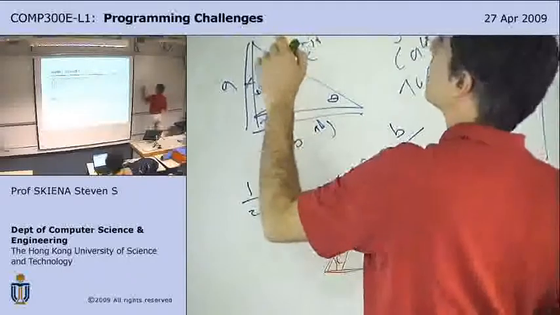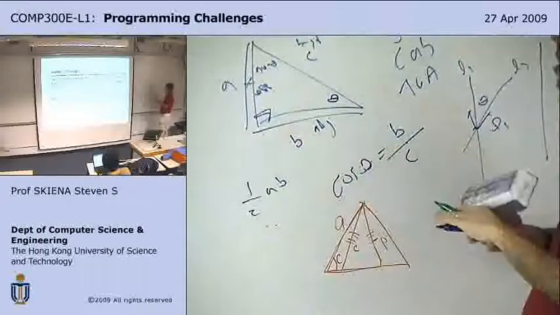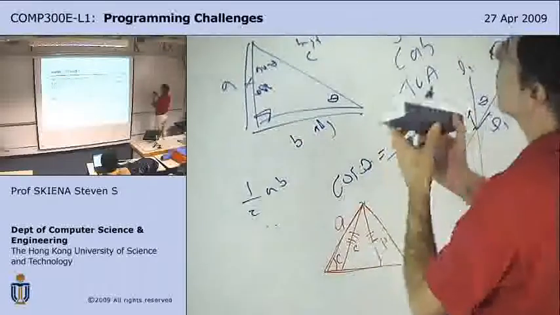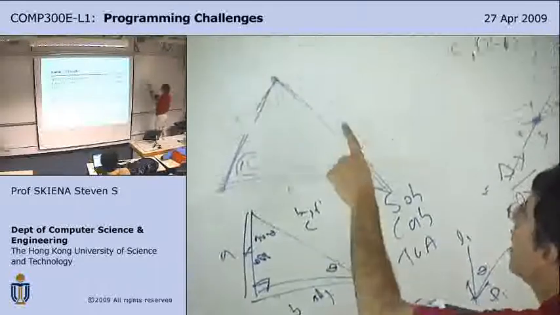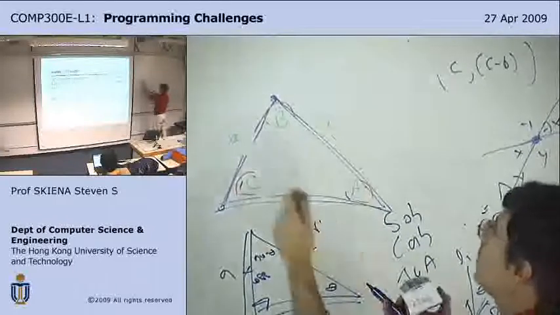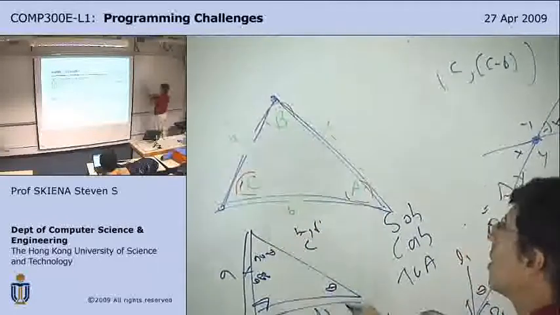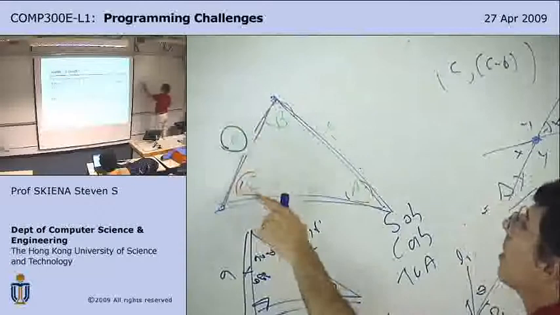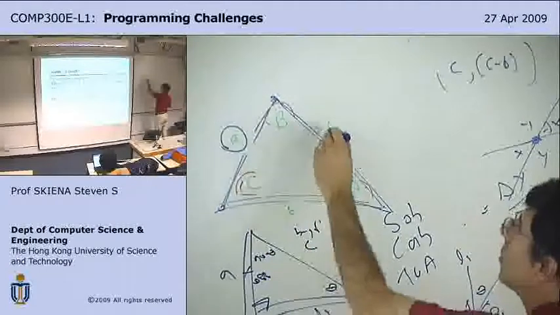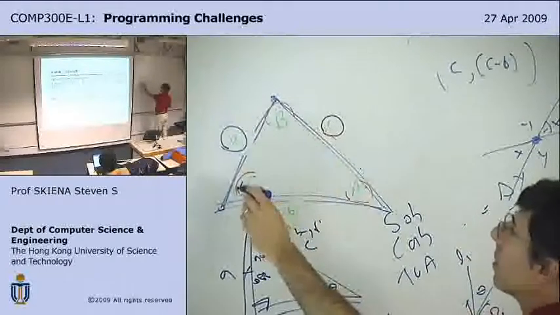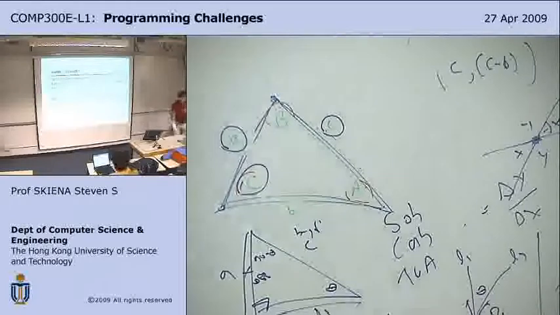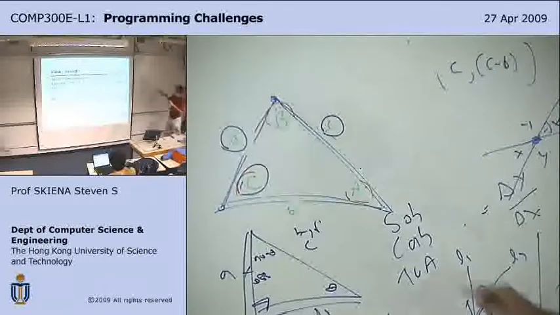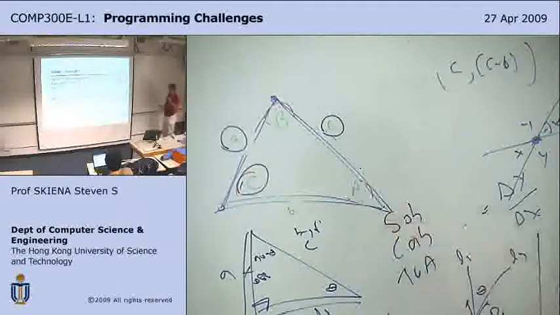What did I give you? The edge A and C and the angle C. The edge A, which was this, right? C. And these two, is that right? Okay. So now you're telling me that there are two triangles like this. Okay?